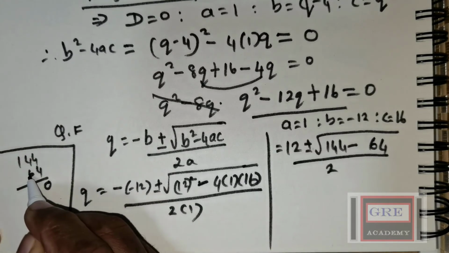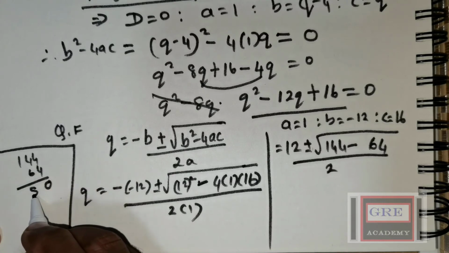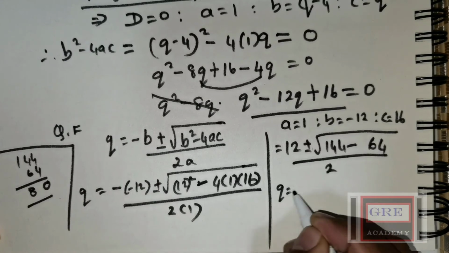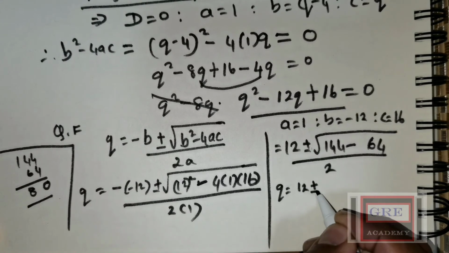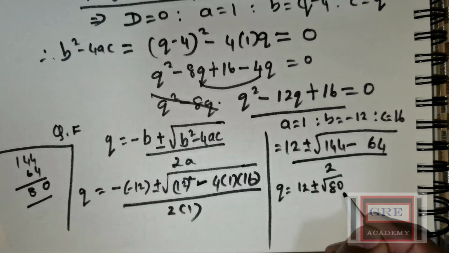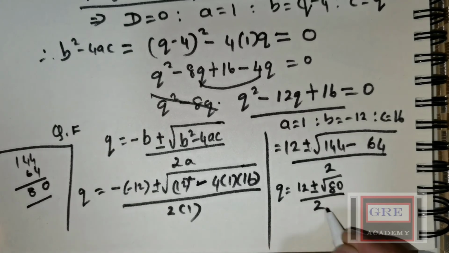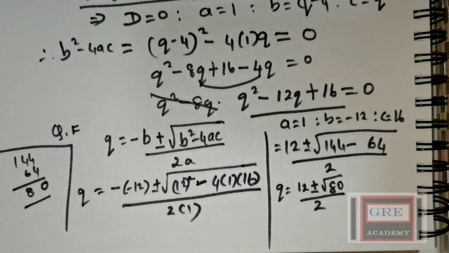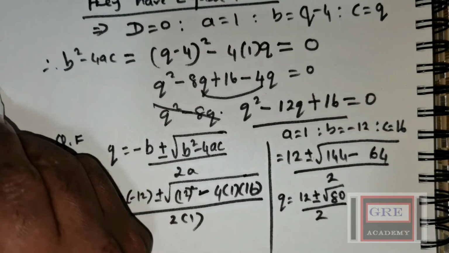So you got q value to be 12 plus or minus root of 80 divided by 2. Now 80 can be rewritten as 4 times 20, right? So I want to show you here.